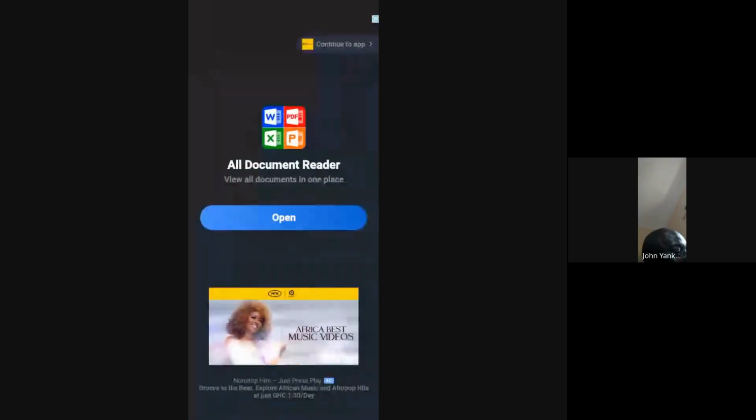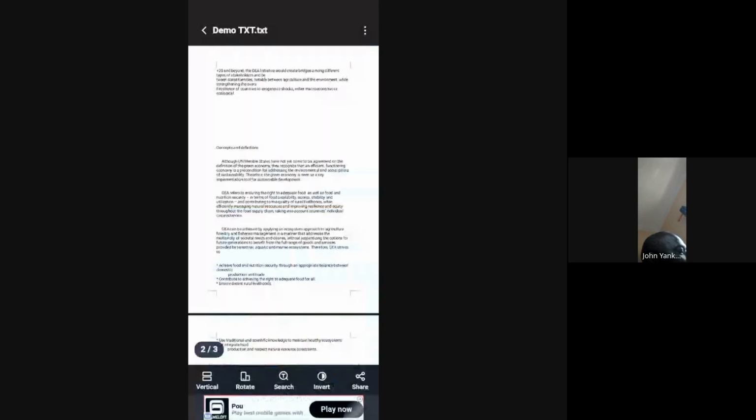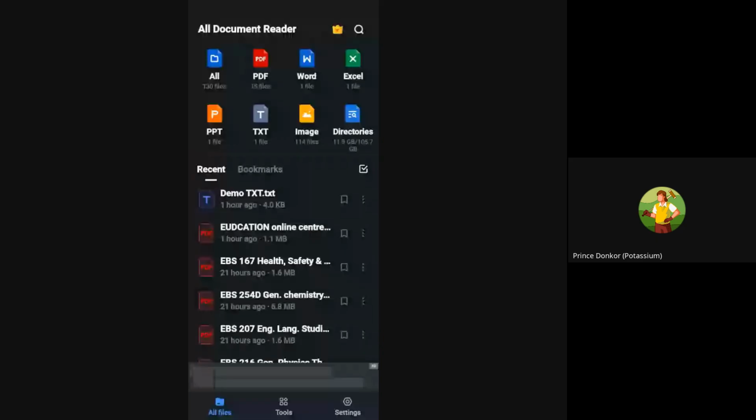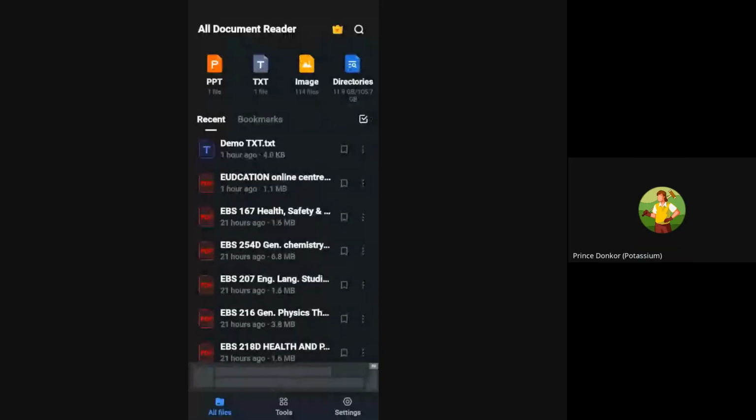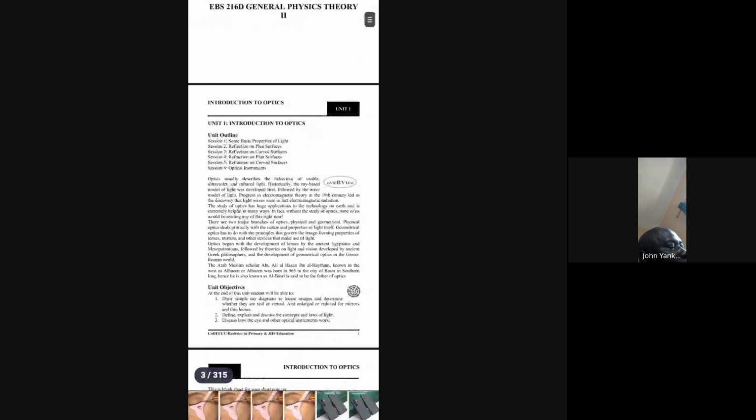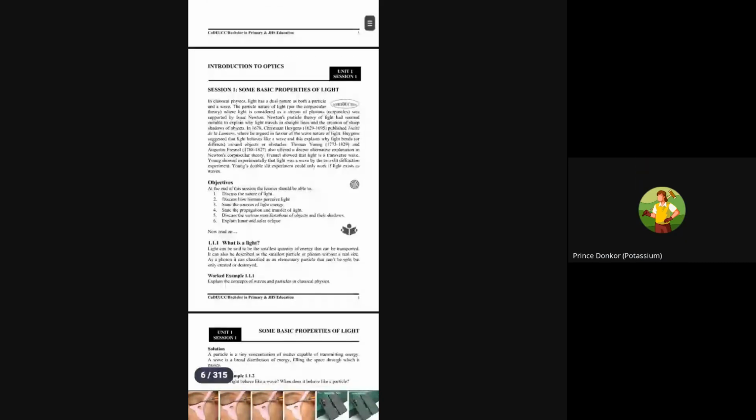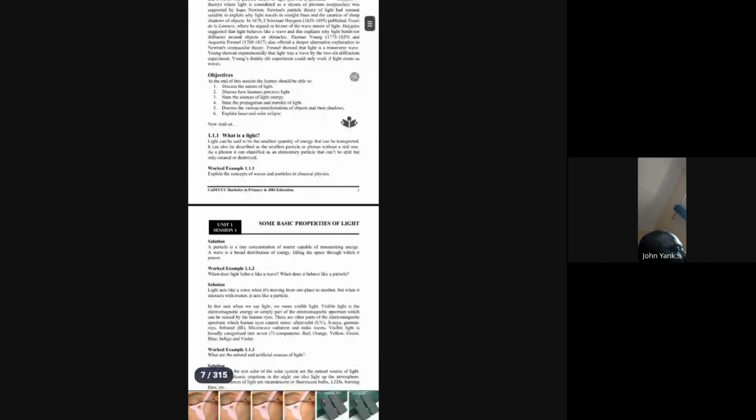So that is about the nature of light. Now, there are others which I will mention as we move ahead. Let me go to page 6.